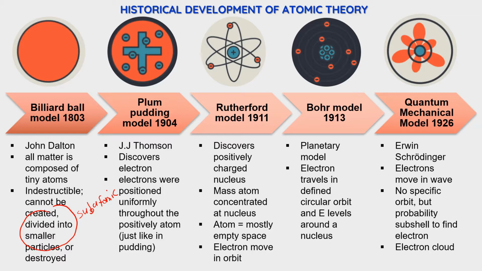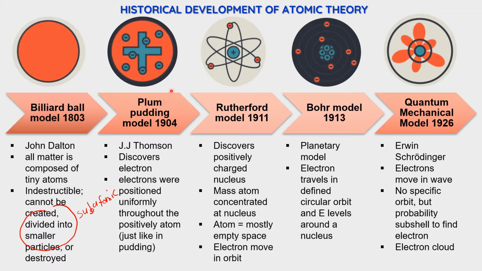Later, J.J. Thomson proposed the Plum pudding model in 1904, and he is the one who discovered the electron. He won his Nobel Prize for this discovery. He proposed that electrons were positioned uniformly throughout the positively charged atom, just like in a pudding. And why is it called the plum pudding model?